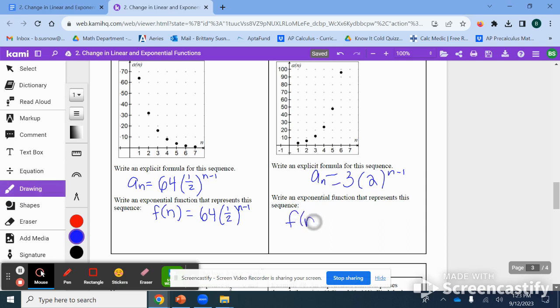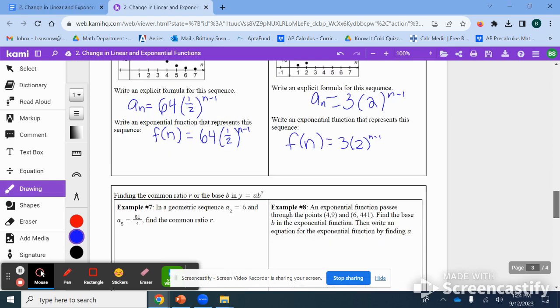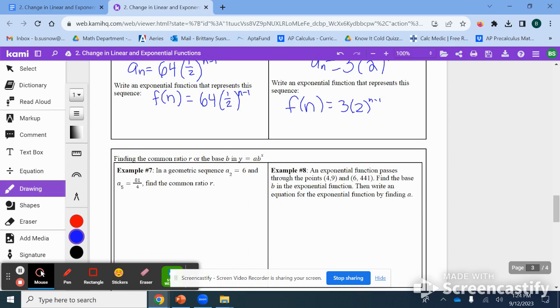And then same thing here. So outside of this formula, another way we can see things is in this format, y equals a times b to the x, all right? That's going to be another way we're going to envision stuff.